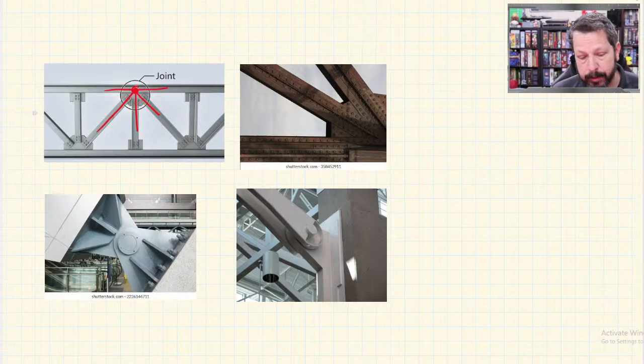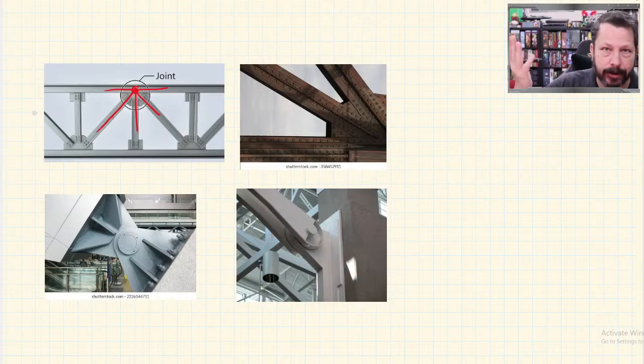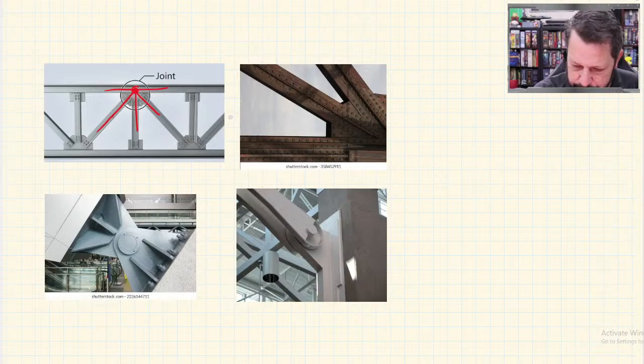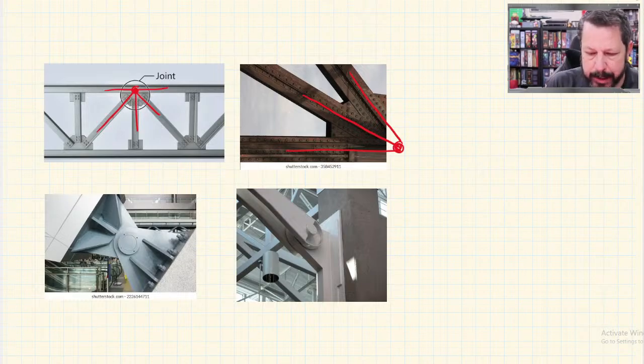Because also remember, with our truss assumptions, we said that every member was a two-force member, and it created a concurrent force system. Over here, this one kind of goes off the page, but you can see these would all intersect somewhere over here, but there's no pin. There's a whole bunch of little rivets everywhere holding these things together.